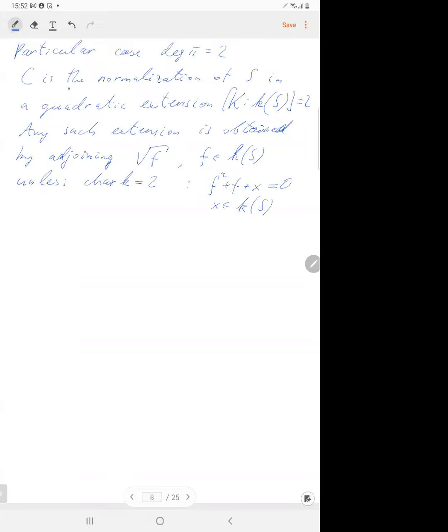Okay, but maybe let's say the characteristic of K is not 2, to be on the safe side, and then we just extract a square root of some element, some function downstairs.